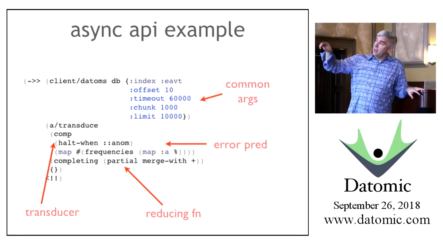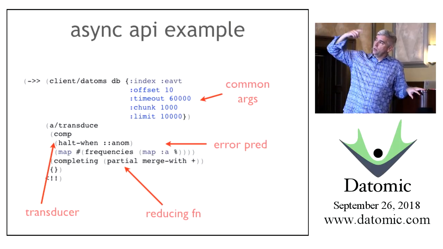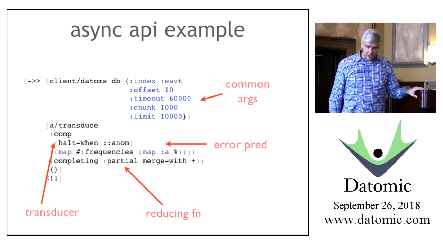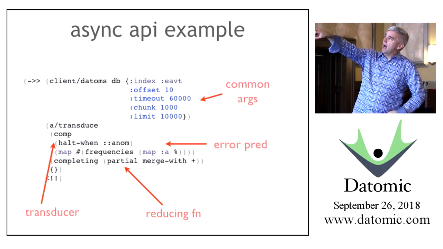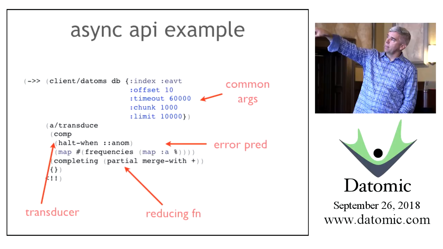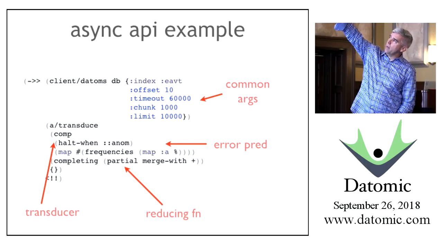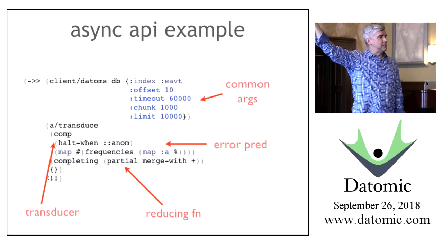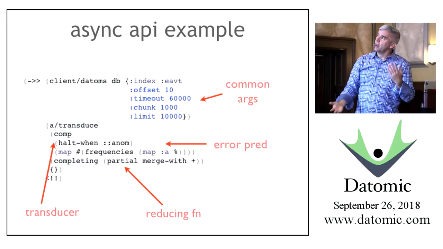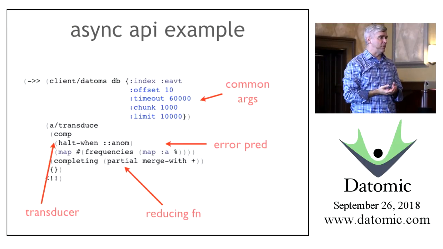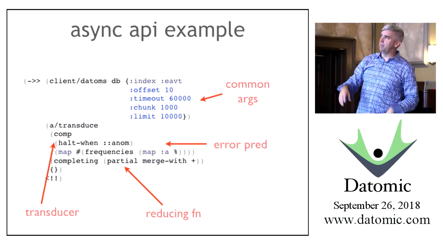What this is saying is, I want to do a reducing operation that pulls out the frequencies. I'm grabbing all the datoms, and datoms is a raw API. So this is a low-level API. This is not query or pull. This is saying, grab every datum in the entire database. So this is not necessarily a very speedy operation if you had a big database.